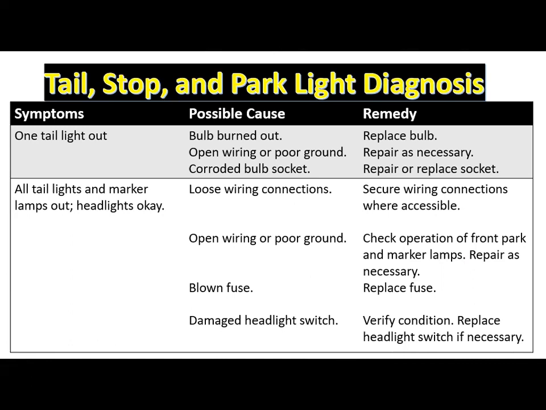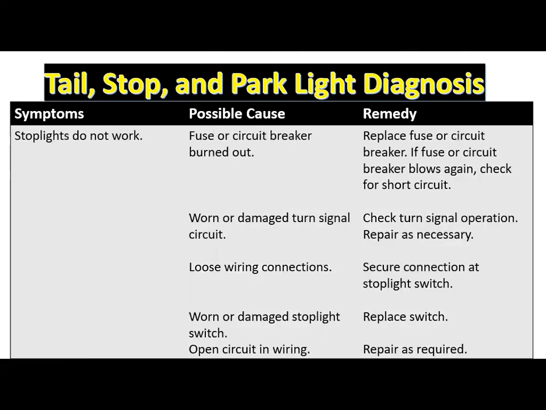If the fuse blows again, you have to find the cause of the blown fuse. It could be a short circuit somewhere in the harness. The last one: verify the condition and replace the headlight switch if necessary.